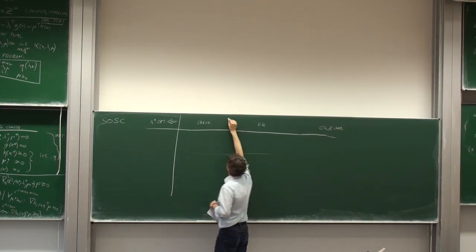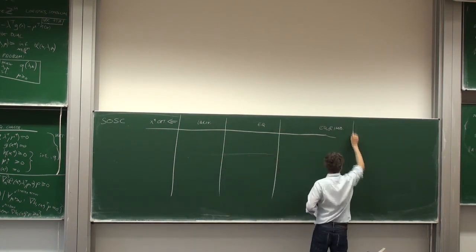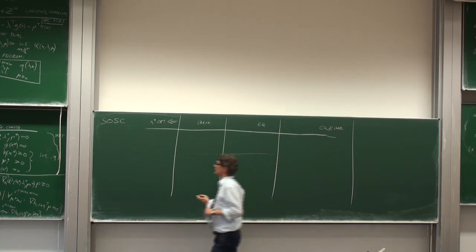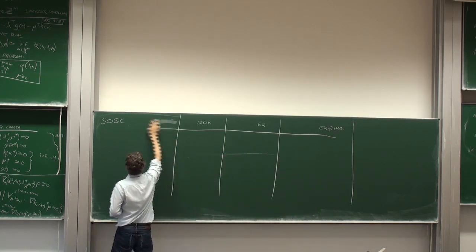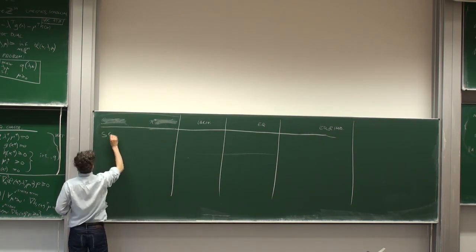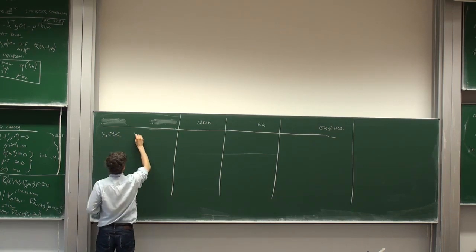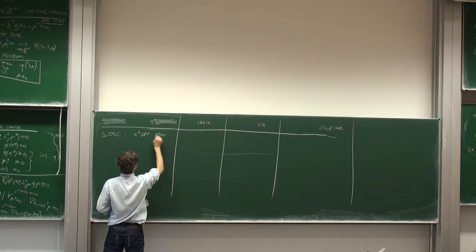Let's go on. I think I need to move it a bit down. So then the second order sufficient conditions: x star is an optimizer, is implied by what?